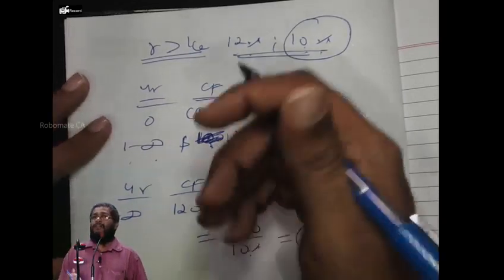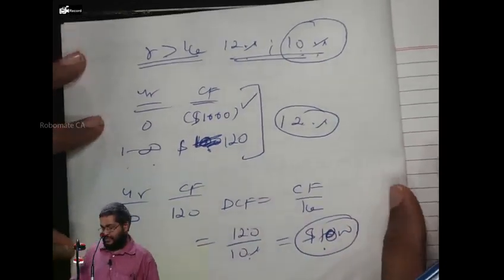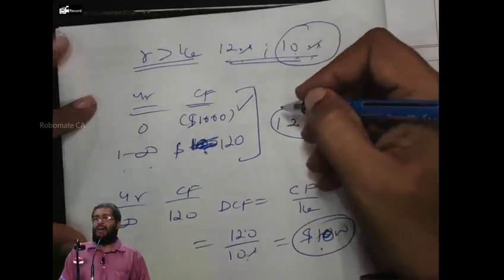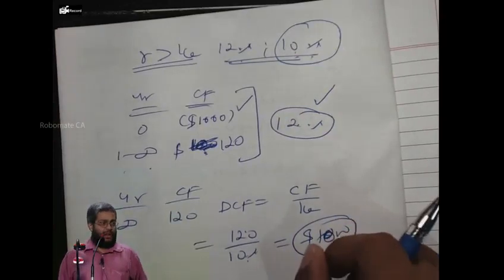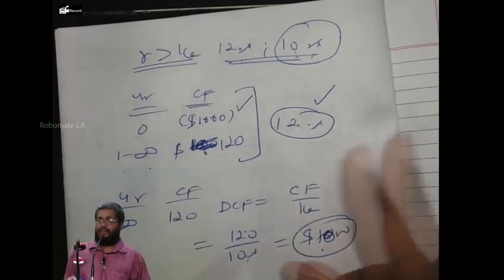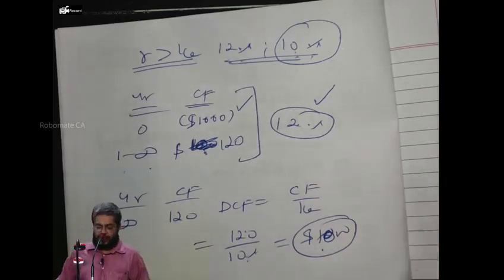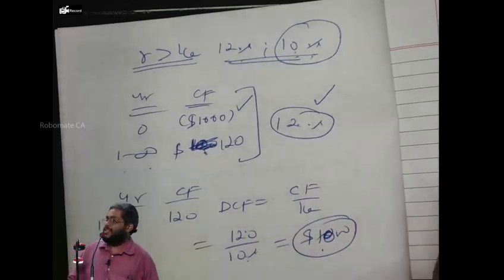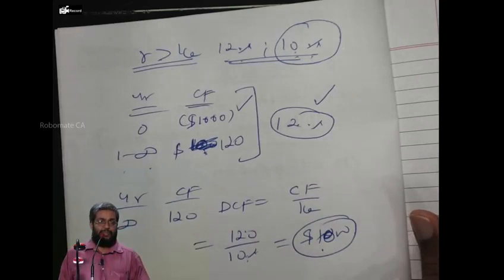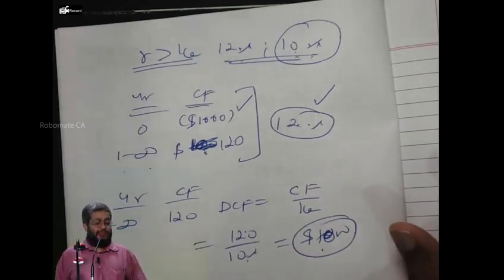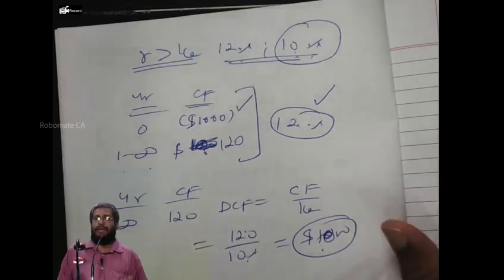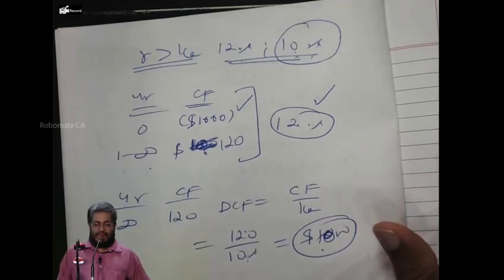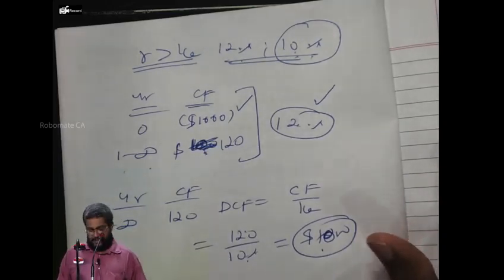The IRR of this investment is 12%, bracket R is equal to 12%.